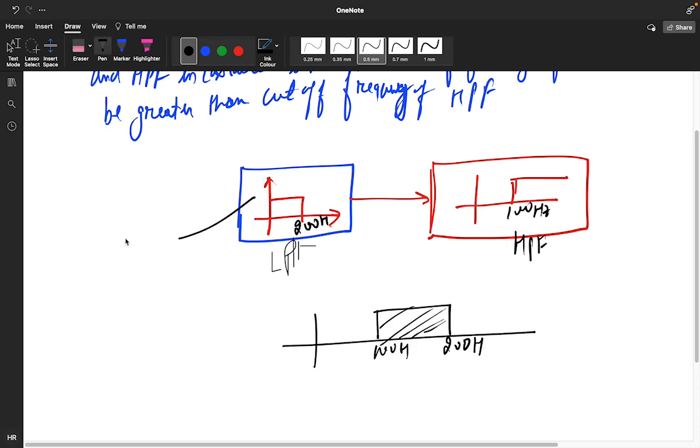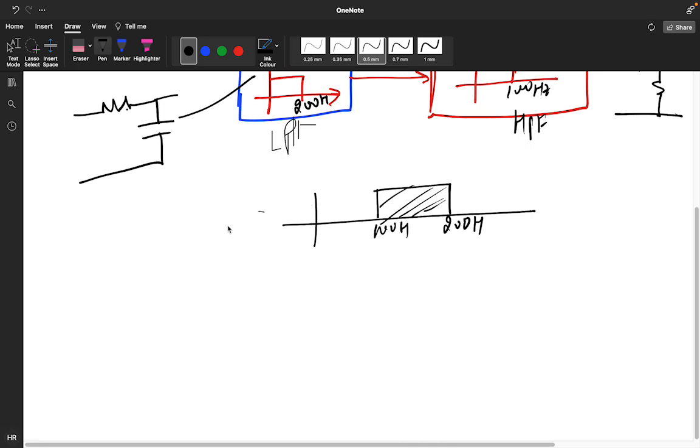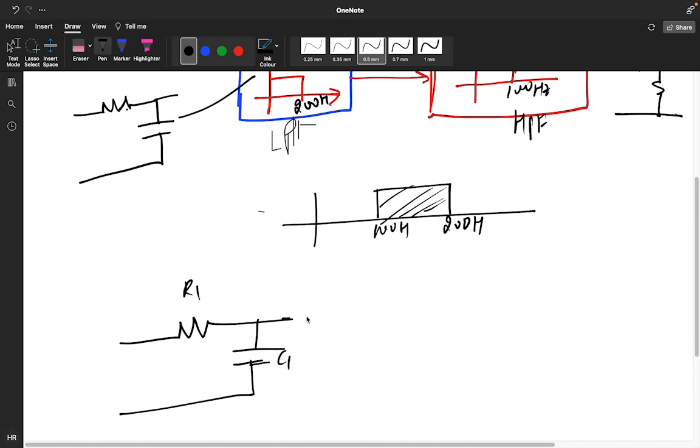Okay, so this is nothing but an RC network, and this is a CR network, with some other values. So if anyone asks you to construct the diagram, how will you construct it? This is my R1 value, this is my C1 value, this is my C2 value, and this is my R2 value.